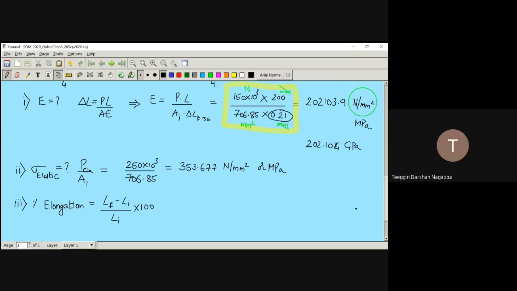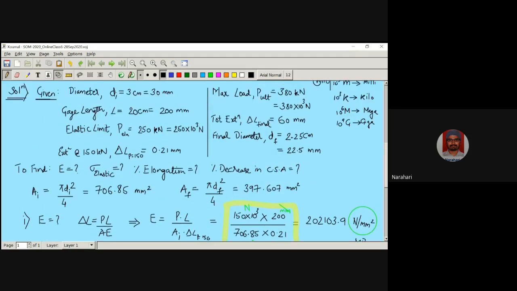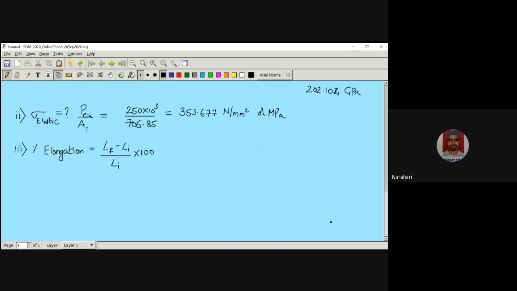Final change in length is L_f minus L_i. They have not given L_f separately; they have given L_f minus L_i, which is delta L final. So it is delta L final divided by L_i into 100, that is 60 divided by 200 into 100. How much? 30%.